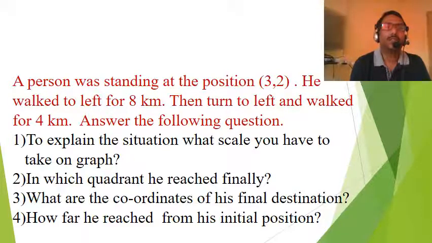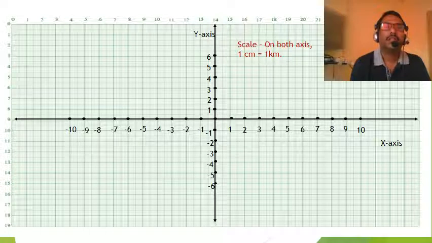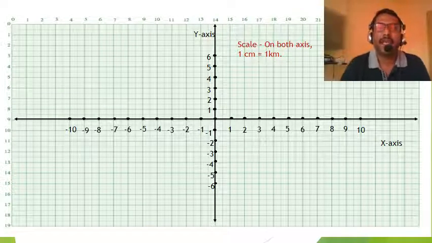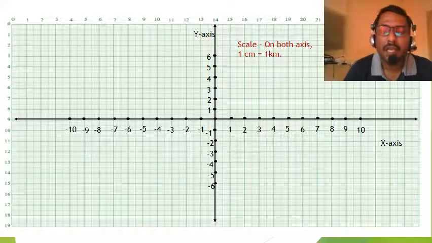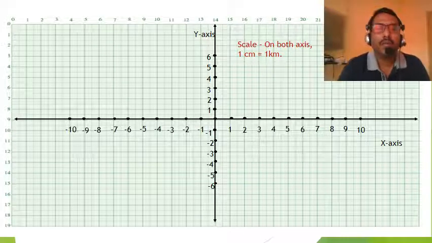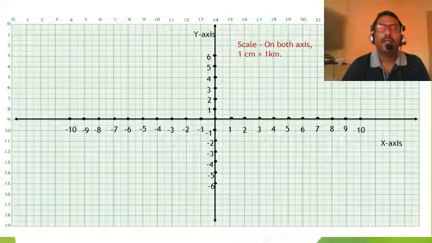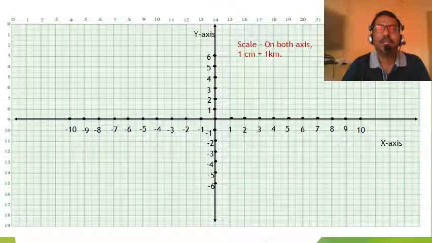Now to solve this, let us take the scale first. What is the scale? Here we are given that the distance is in kilometers. He walked first 8 kilometers, then 4 kilometers.